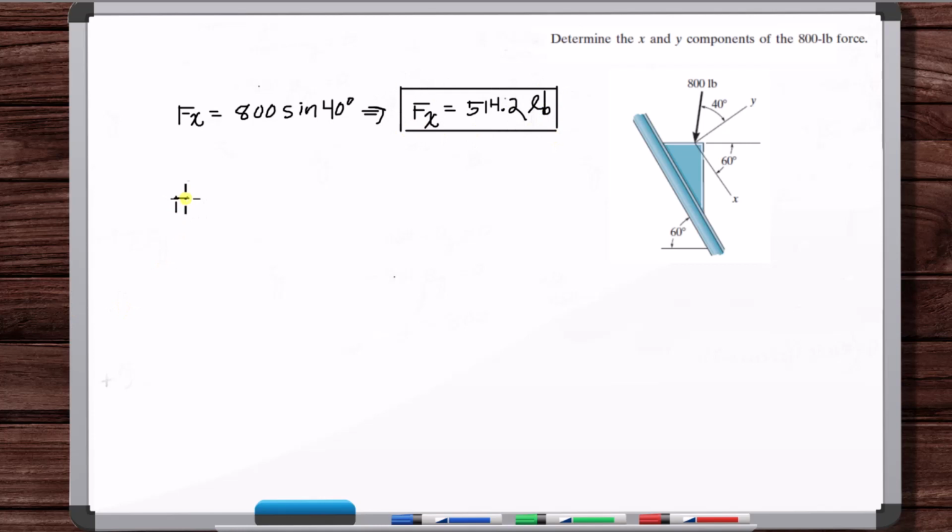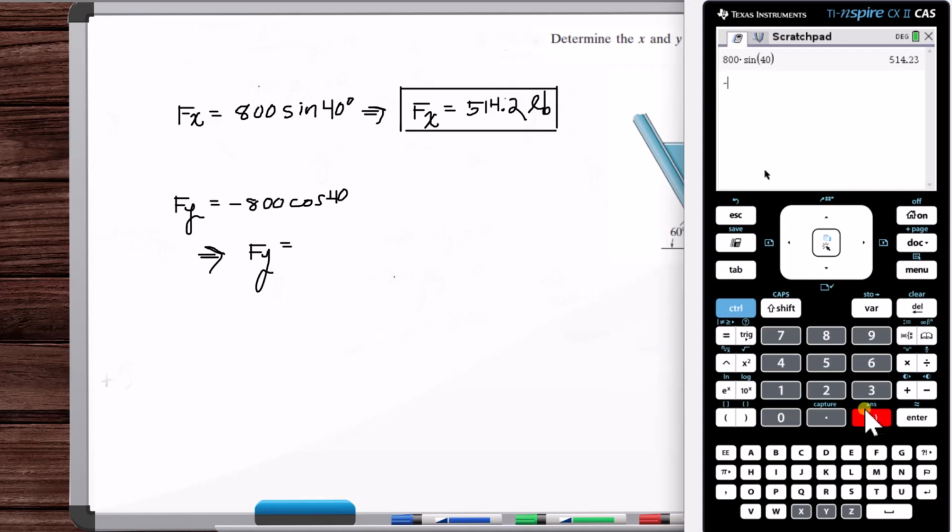And then Fy is equal to the adjacent over hypotenuse, 800 cosine 40, but it's going to be negative because it's in the negative y direction. Minus 612.8.